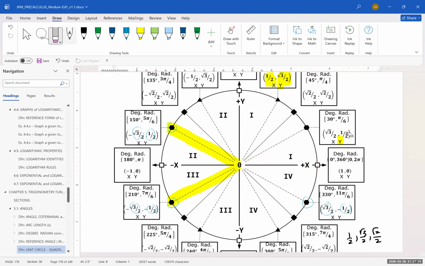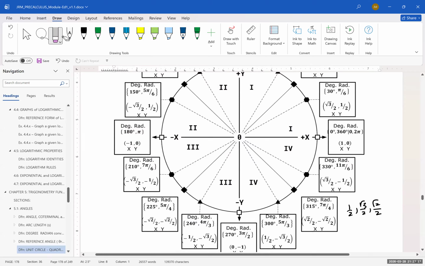Okay. So that's why learning reference angles was so important. It informs you on the symmetry of the unit circle itself.